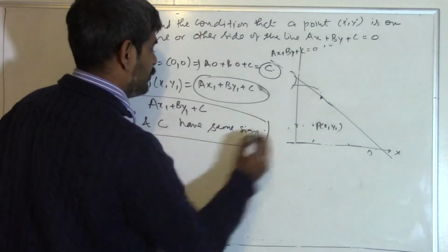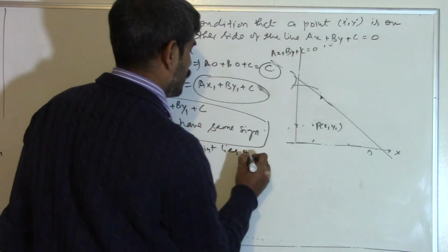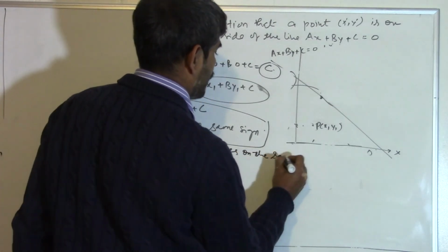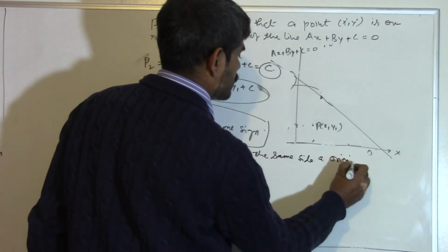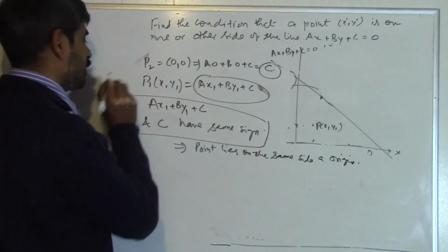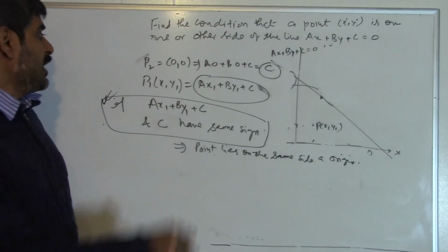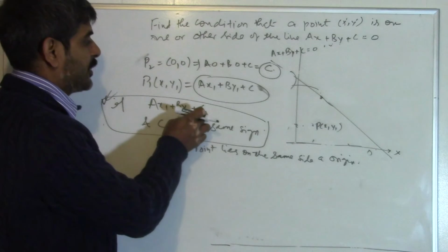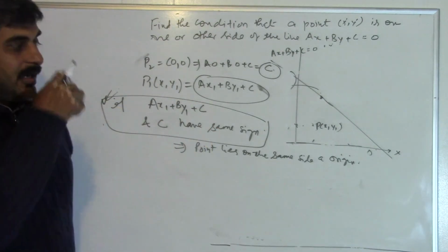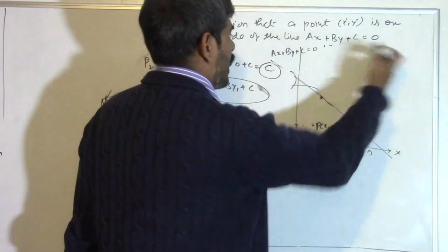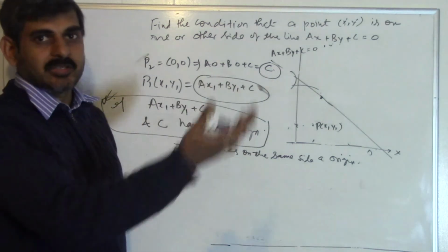If they have the same sign, that means the point lies on the same side as the origin. And this is an important conclusion that could be used in the problems. If ax1 plus by1 plus c and c have opposite signs, then that point lies outside the section that contains the origin.